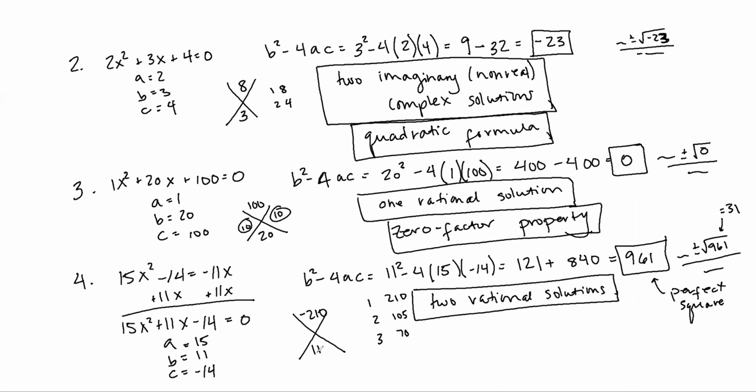They should have a difference of 11. Let's try something a little bit bigger. One thing I notice is that 10 goes into it. 10 goes into it 21 times. Now, these ones are 11 apart, so we're going to have a negative 10 and a positive 21. This is going to be factorable, which means we're going to use the zero factor property.